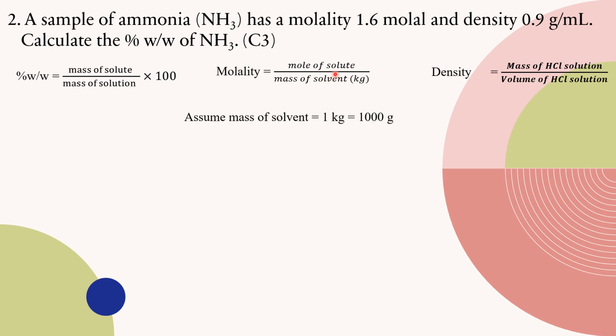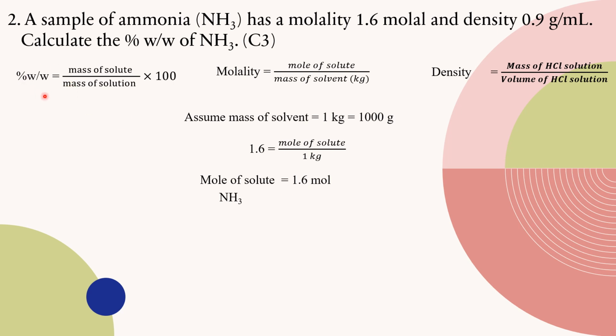So you can use the molality quantity to assume the mass of solvent, which is 1 kilogram or 1000 gram, and substitute this assumption to the formula of the molality. So 1.6 molality provided in question equals mole of solute divided by 1 kilogram, the assumption made from the first step. So you will get the mole of solute for the ammonia 1.6 mole.